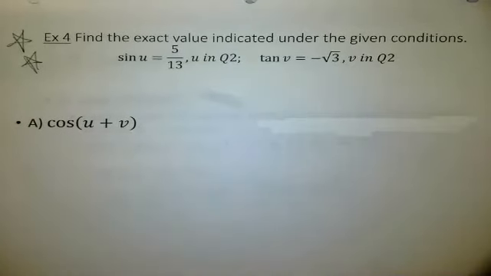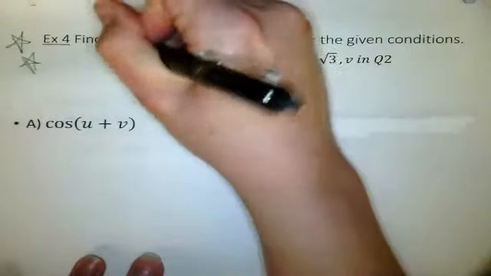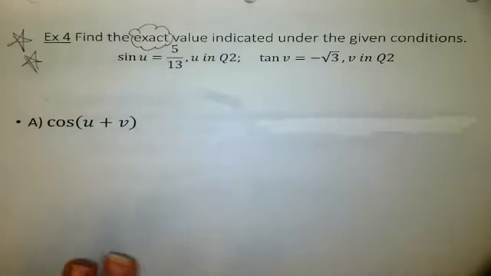Okay, so example 4. Find the exact value indicated under the given conditions. Sine of some angle U is 5 over 13, and that angle is in quadrant 2.